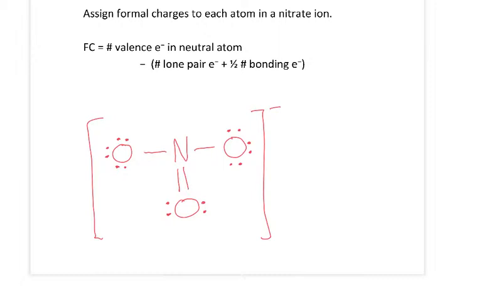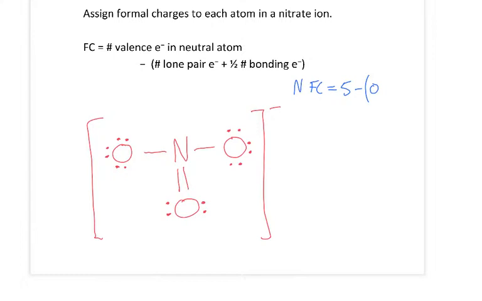So let's take a look at an example in the nitrate ion. So let's do nitrogen first. So nitrogen, the formal charge is equal to the number of valence electrons in the neutral atom. So for nitrogen, that's 5. And then I subtract the number of lone pairs, and nitrogen has no lone pairs, and I subtract 1/2 of the bonding electrons.